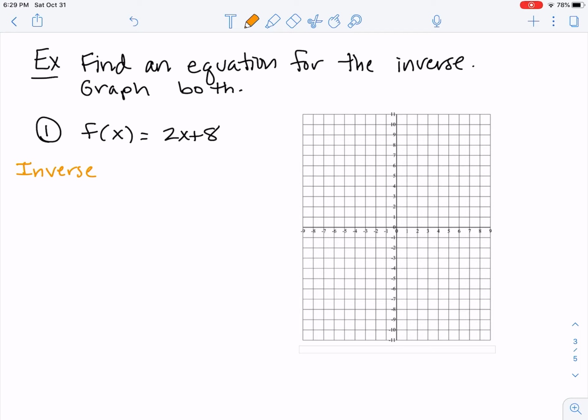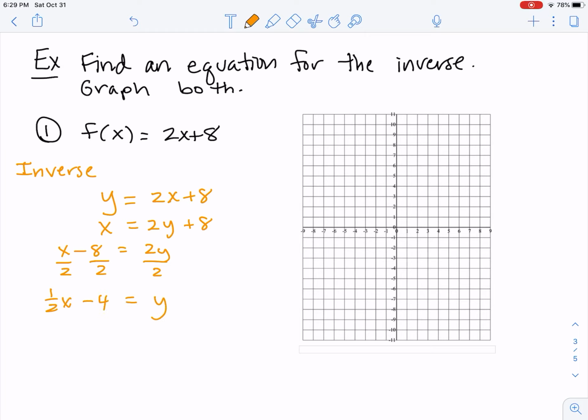If this equation, f of x, is the same as y equals 2x plus 8, then to find the inverse I'm switching the x and y values, and then I'm going to solve for y. I'm going to subtract 8 from both sides, and then divide everything by 2. So I have one half x minus 4 equals y.